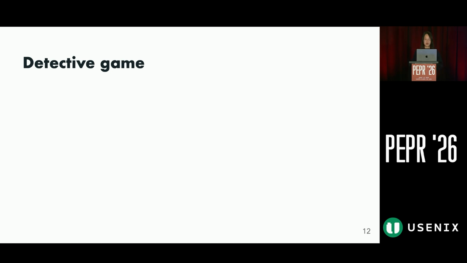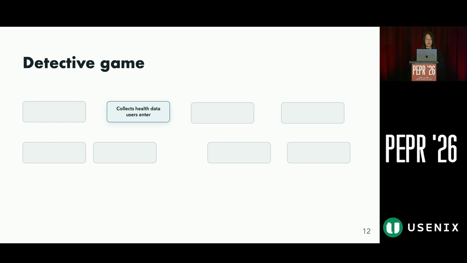When we think about these privacy problems, we notice that the causes are often not as obvious as simply asking what data is collected. Instead, let's take the example of the Premom case. They collected users' health data as they input directly into the app, and it integrates third-party SDKs to do analytics work.